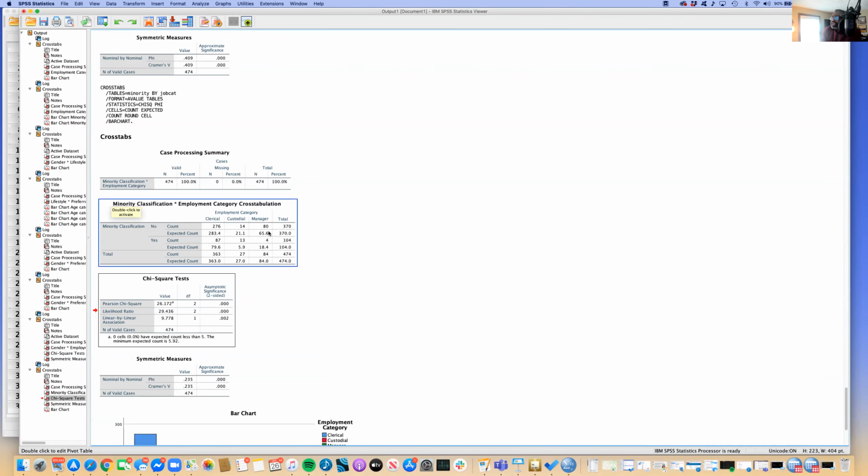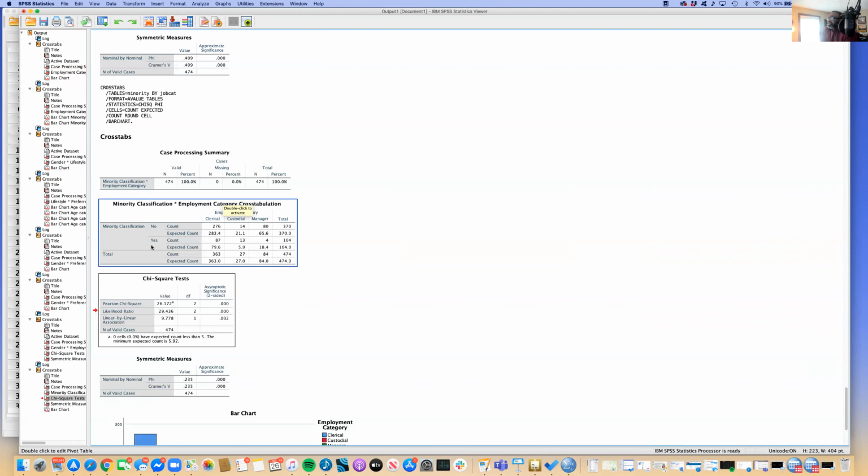If there was no relationship between minority status and employment category, we should have expected 65.6, but that's not what we got.